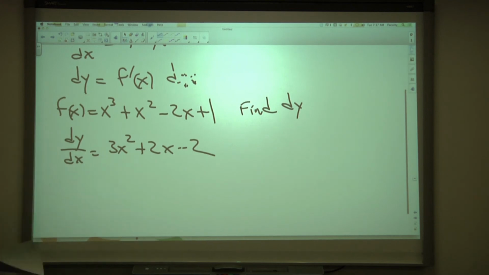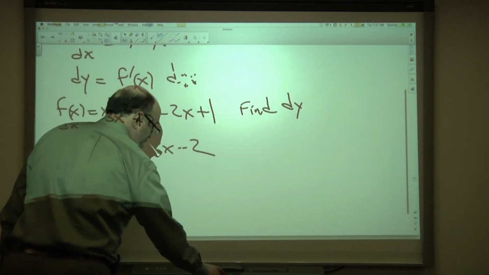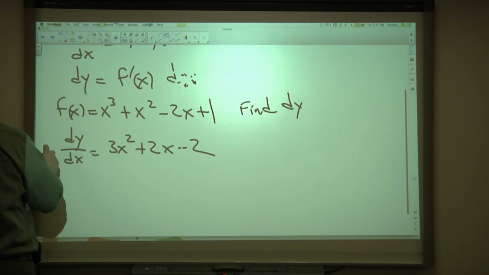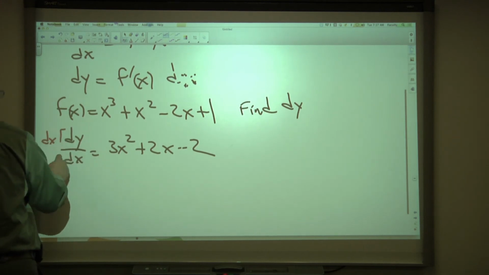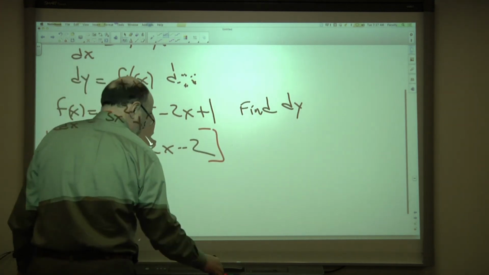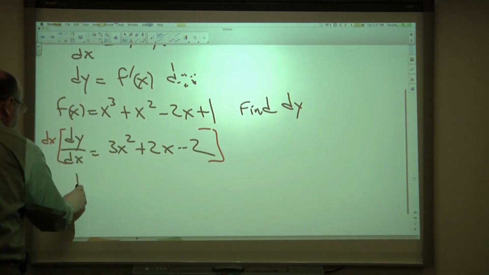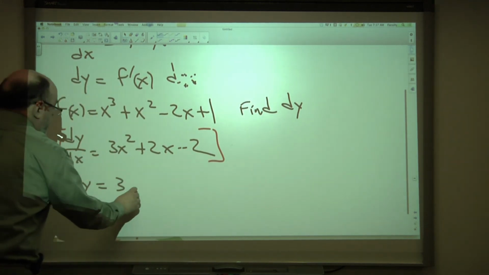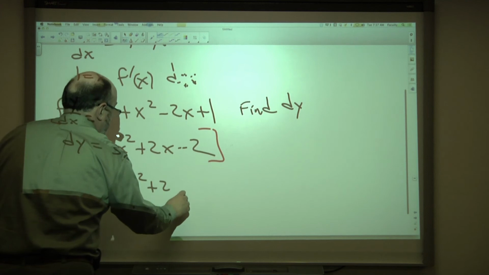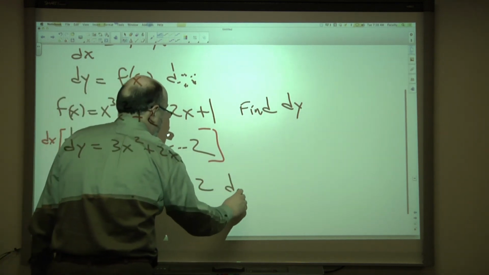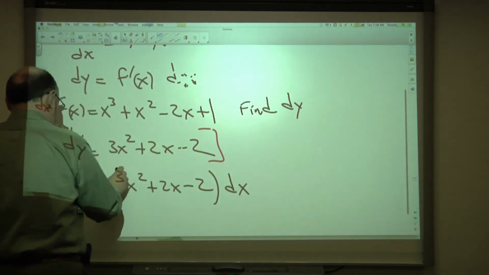We want to find dy, so the opposite of dividing is to multiply. So I multiply everything by dx. And we get that dy is going to equal 3x squared plus 2x minus 2 times dx.